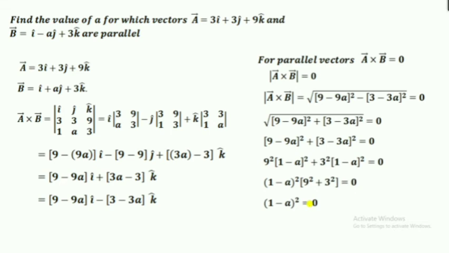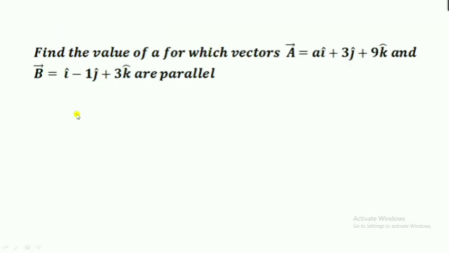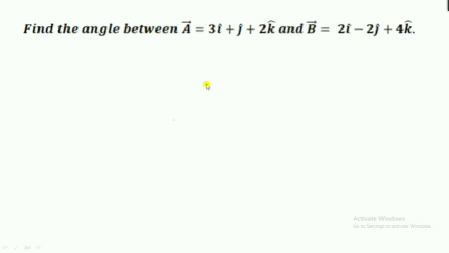So now again I'll take this square this side and I'm left with 1 minus A is equal to 0. That means A is equal to 1. So if you put A is equal to 1, then these two vectors will become parallel. So this is a similar question you can try. You have to find the value of A for which these two vectors are parallel.